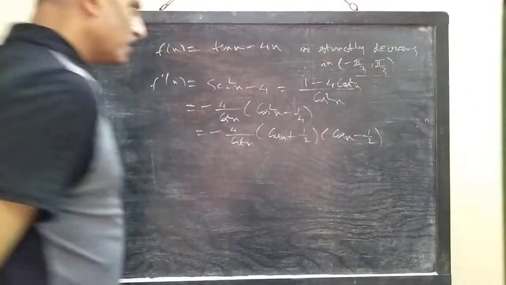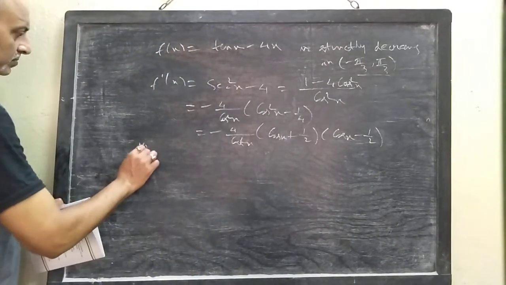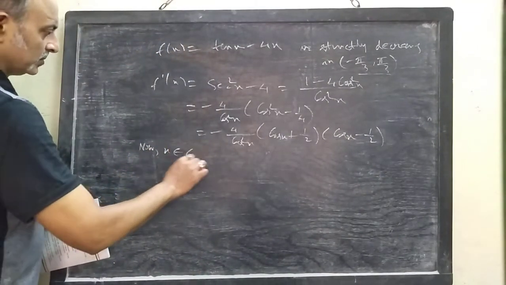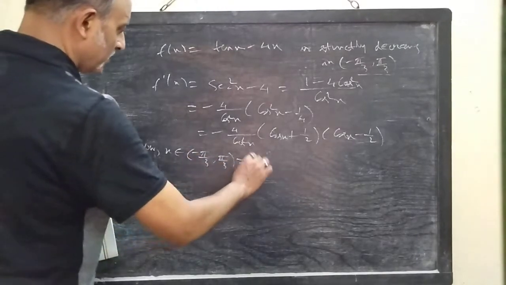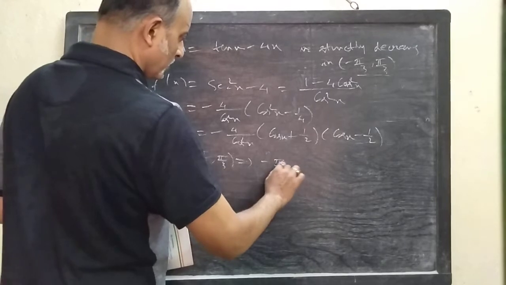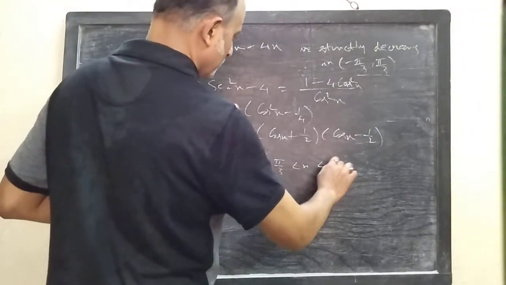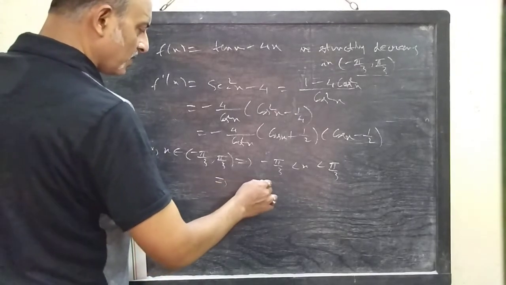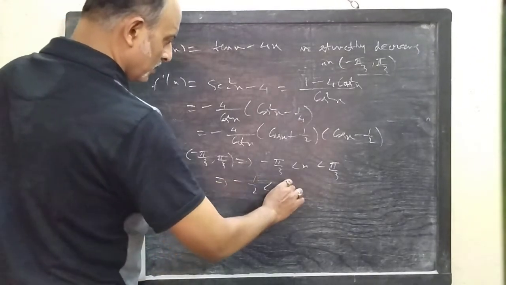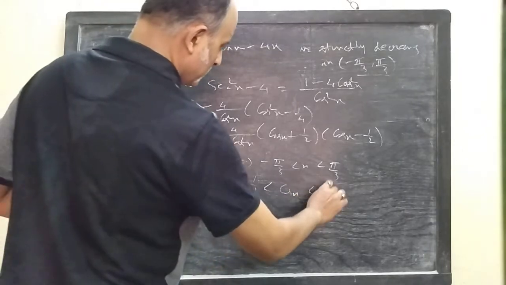You are given this interval. So now x belongs to open minus pi by 3 to plus pi by 3. This gives cos x will lie between minus half to plus half.